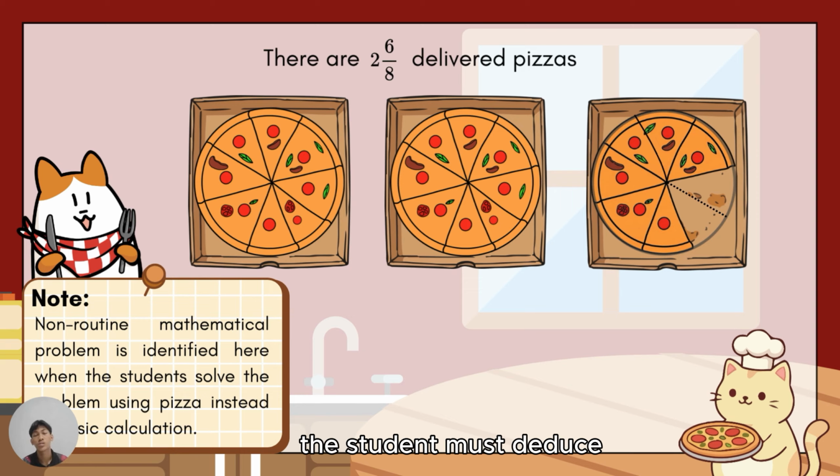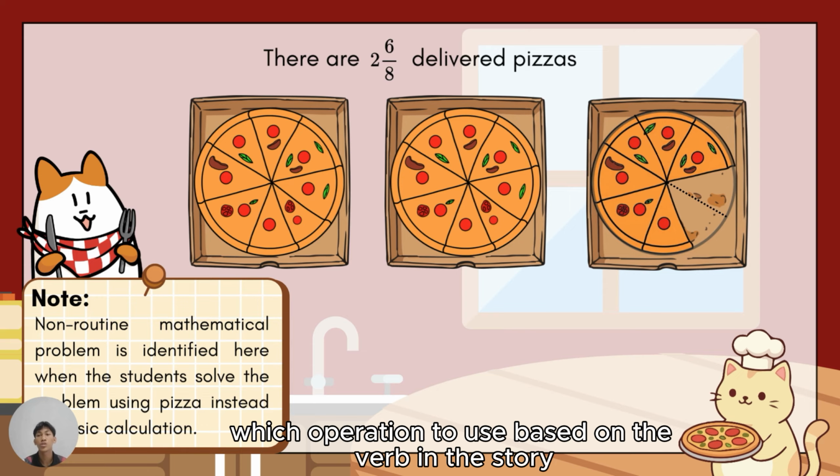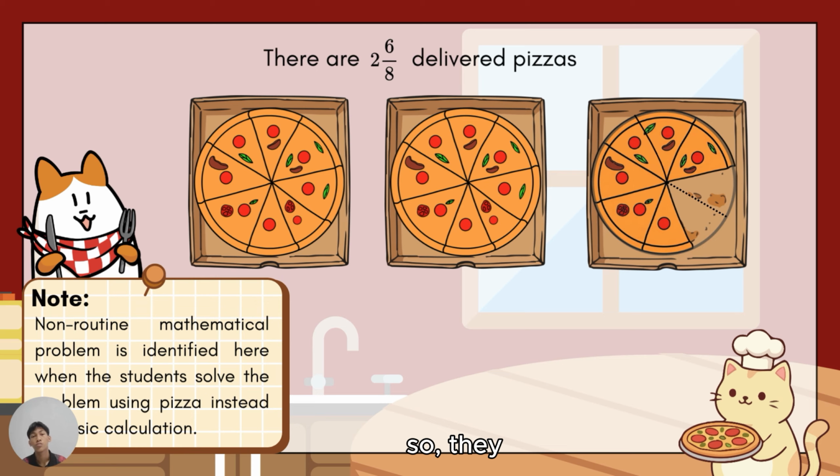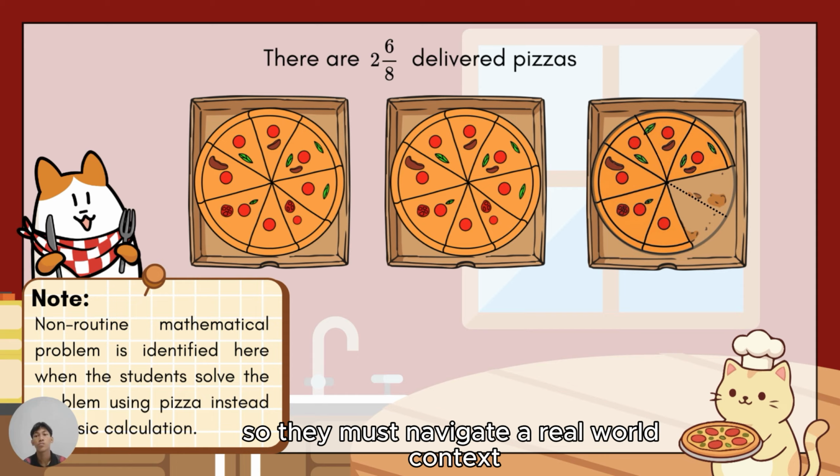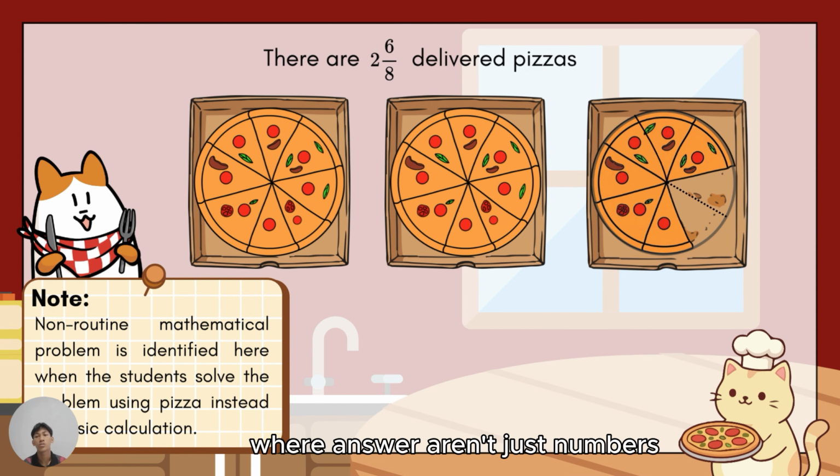The student must deduce which operation to use based on the verb in the story. So they identify words like arrive, eating, and share to use the suitable operation. So they must navigate a real-world context where answers are not just numbers, but also physical objects.